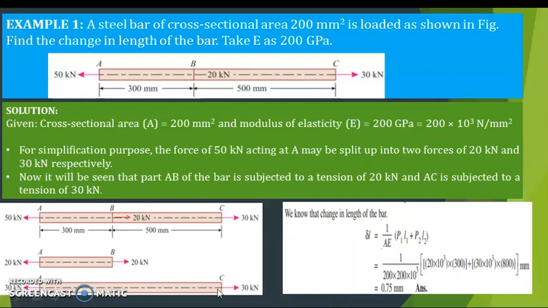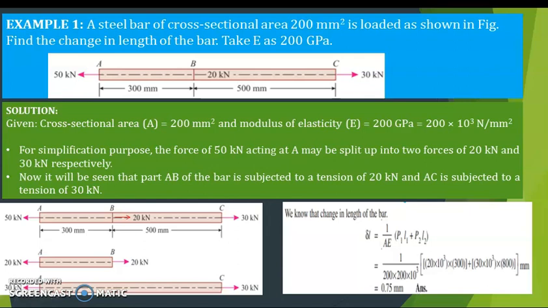That is this 30 kilonewton. Both are tensile forces, so the sign is plus. So plus 30 into 10 raised to 3 into, now what is the length? Now A to C length you have to consider. What is A to C length? That is 300 plus 500 is equal to 800. So the total length is 800. Okay. So when you simplify this, you will get 0.75 mm.